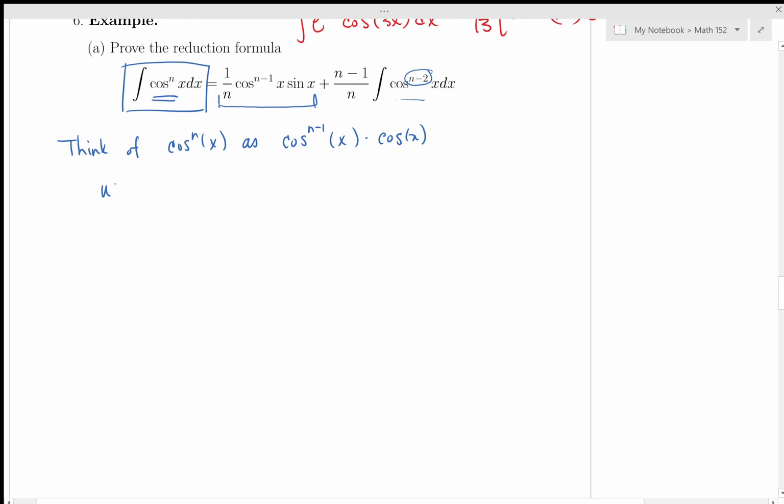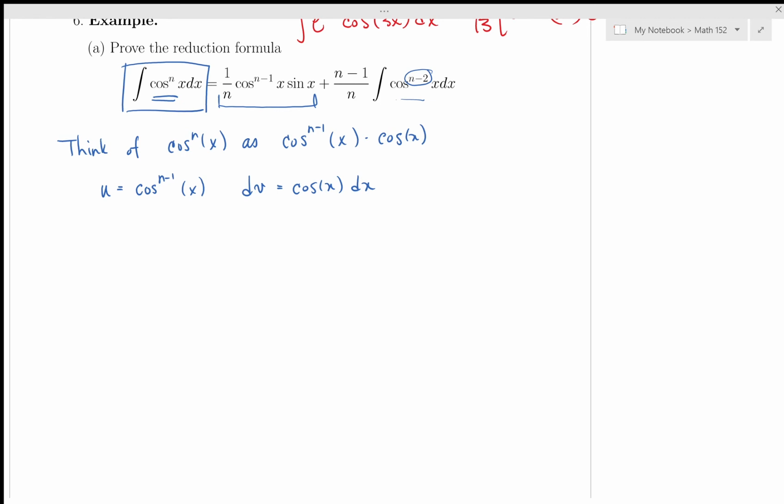I'm going to put u equal to cos^(n-1) x, and then the rest of the integrand has to be covered by dv, so dv is cos x dx. It's integration by parts, but I separated the integrand how I wanted to, so I'm allowed to do that.